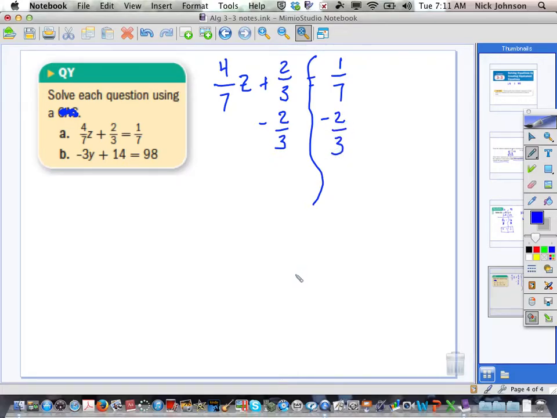Now with fractions, what has to happen is you got to get a common denominator. Okay? This has 7, this has 3. What will 7 and 3 go into? Most of you are saying 21. Or hopefully all of you. Okay? So, what times 3 gives me 21? 7 does. So, if you multiply this by 7, you have to multiply this top by 7, the numerator.